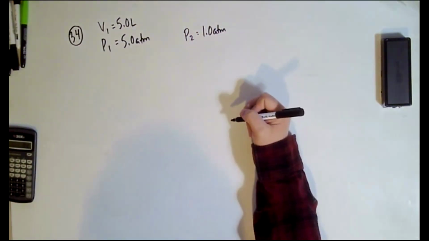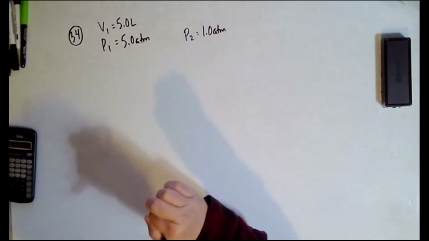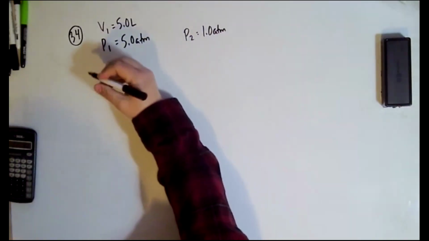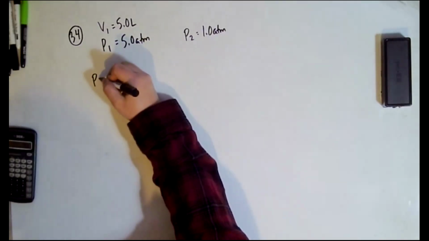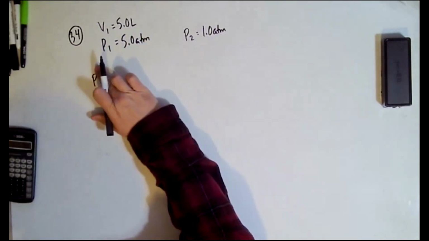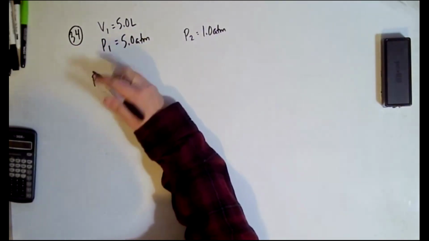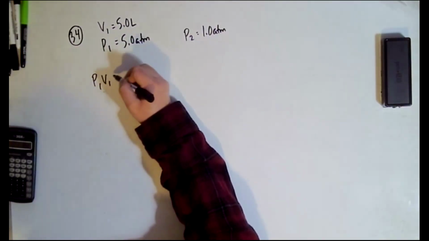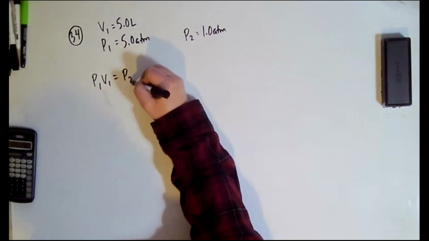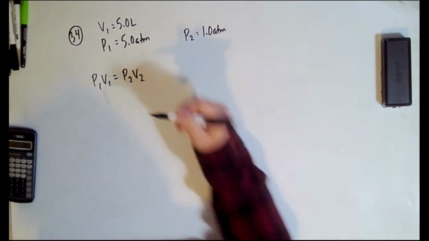Okay. So when we have volume and pressure, the equation that we're going to use for that is P1 times V1 equals P2 times V2.